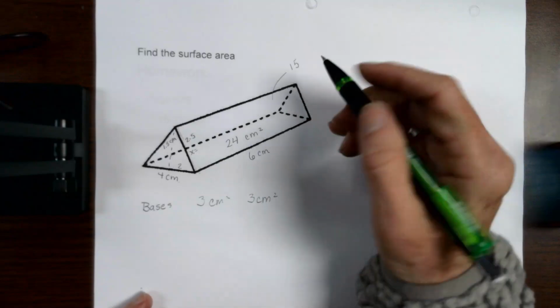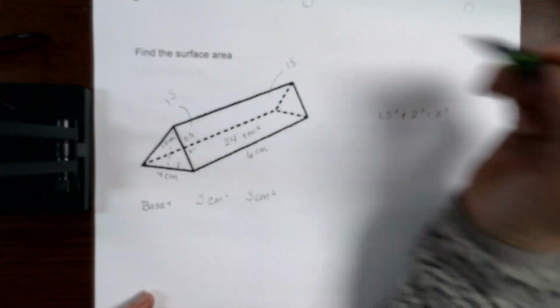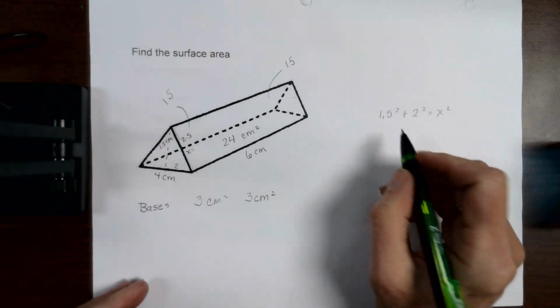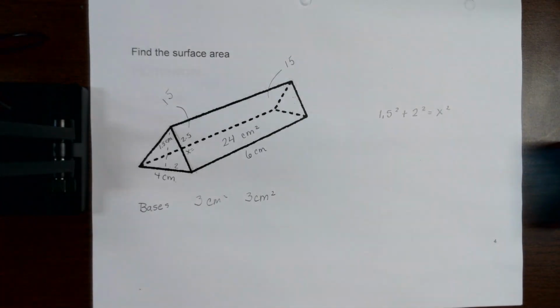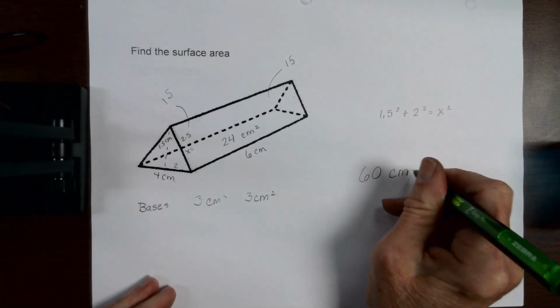It's kind of hard to show you, but this front is 15, the back is 15. If you add them all together, you've got 15 plus 15 plus 24 plus 3 plus 3, so I have 60 centimeters squared.